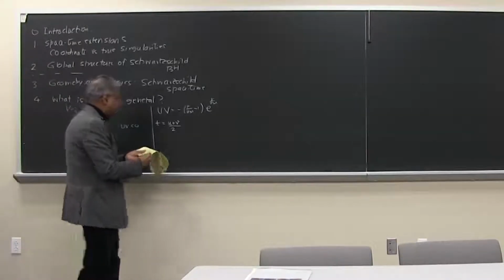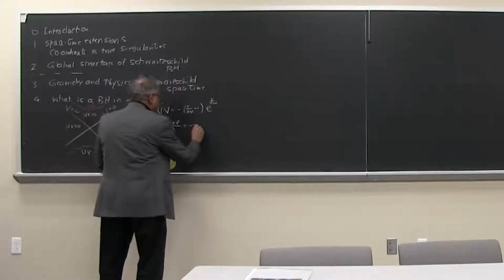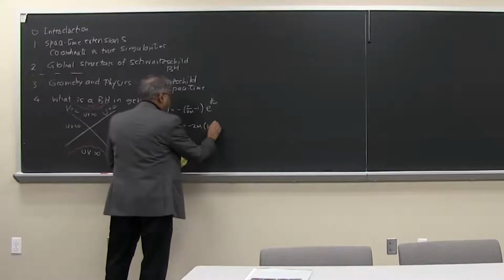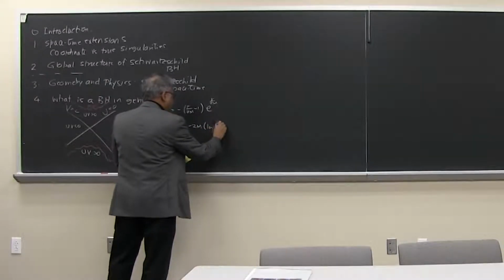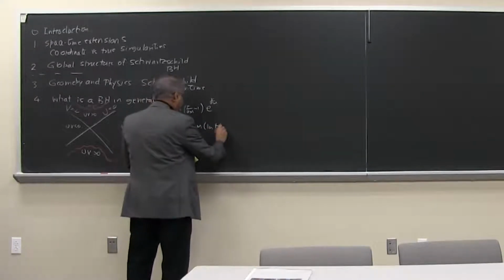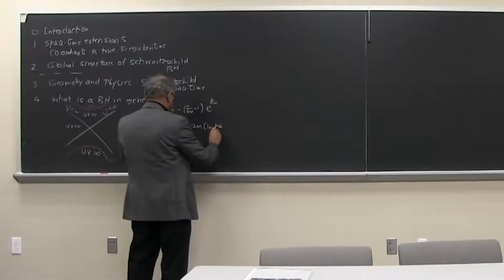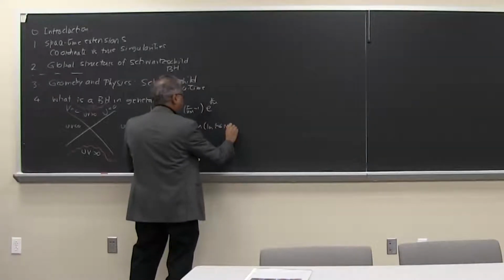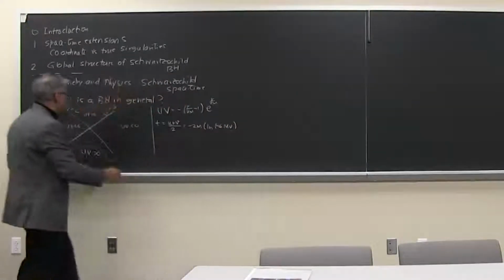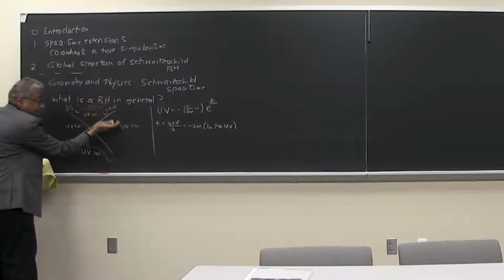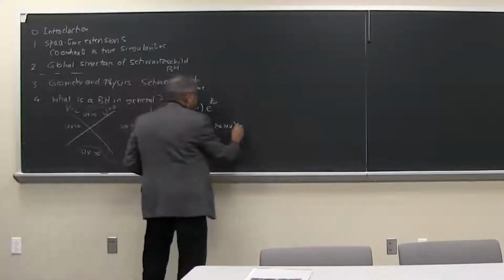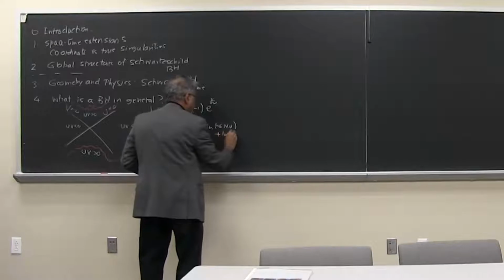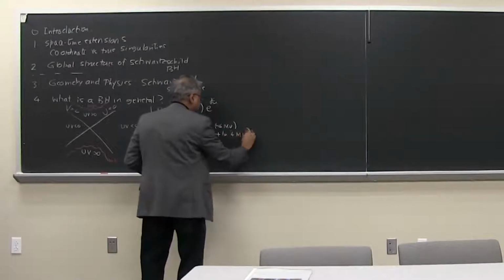And then this just turns out to be equal to minus 2m times log of minus 4m times u, and this is positive because u is always less than 0 here, plus log of 4 times m times v.